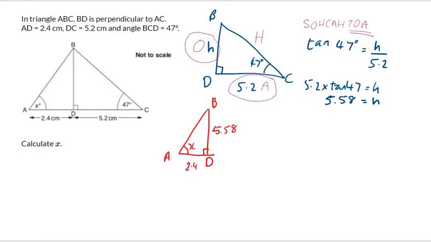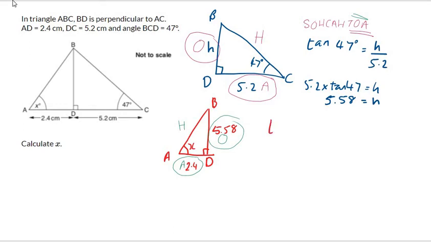So again, we're going to label with the opposite, adjacent, and hypotenuse. Okay, so hypotenuse is the longest side, 5.58 is on the opposite, we've got the adjacent next to X. We have information on the opposite side and on the adjacent side, so using SOHCAHTOA, O and A, we're going to indeed be using tan again.